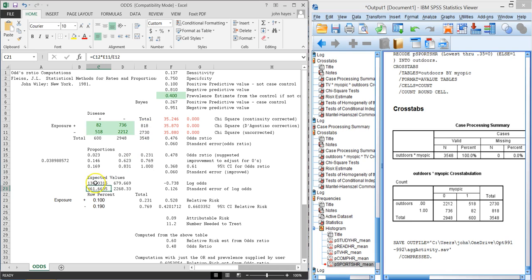So we expect, by chance, given these marginal totals, we would expect to see 138 children in this cell. We only see 82. So our expectation is greater, and our actual observed was less than chance. If you were exposed outdoors, if you spent more than 35% of your time outside and had myopia. This is the idea of outdoor activity being protective, because this number is less than this number.